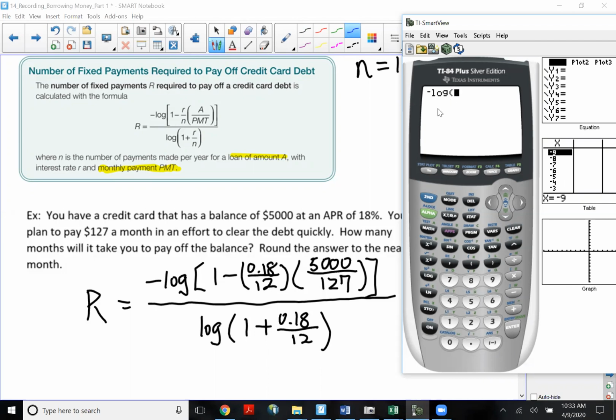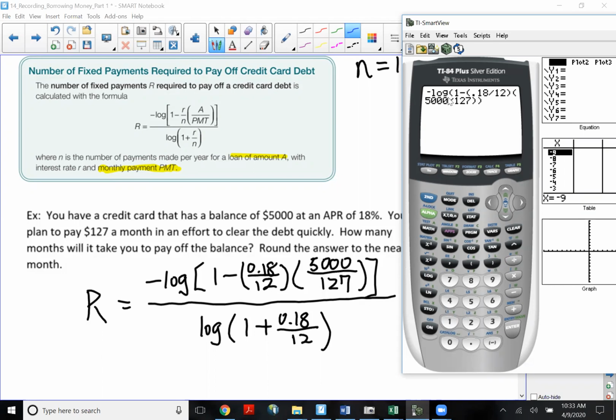You need this parenthesis because it is just like the bracket here. 1 minus parenthesis 0.18 divided by 12. I'm going to close the parenthesis and then open another one for my 5,000 divided by 127. Close the parenthesis for the 5,000 divided by 127 and close the brackets.